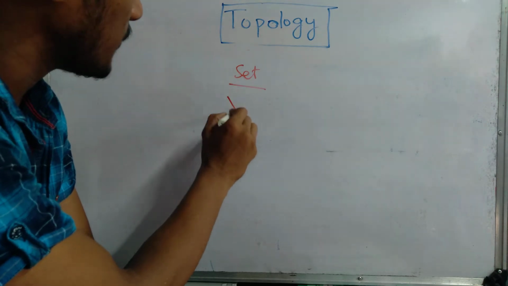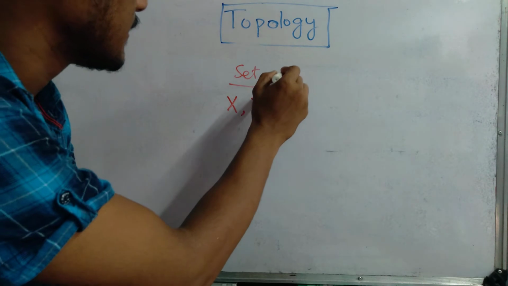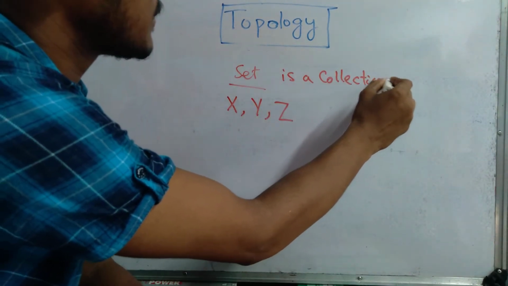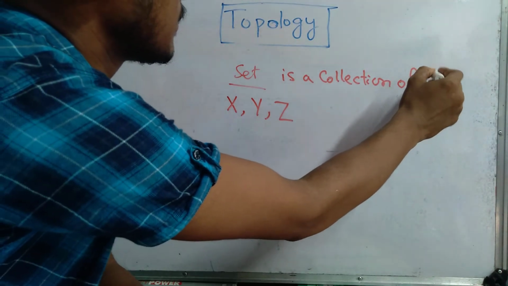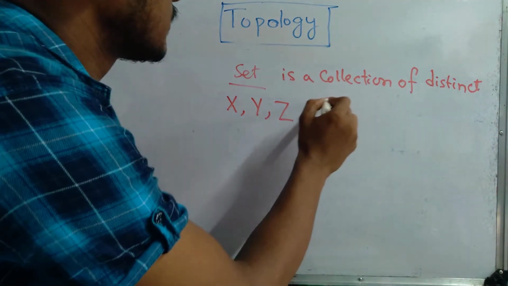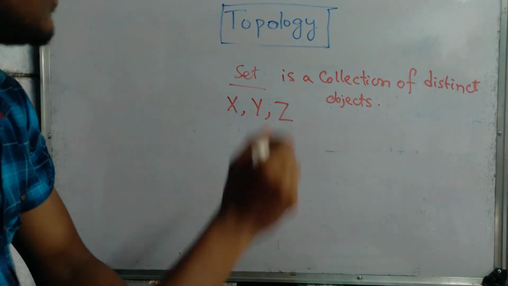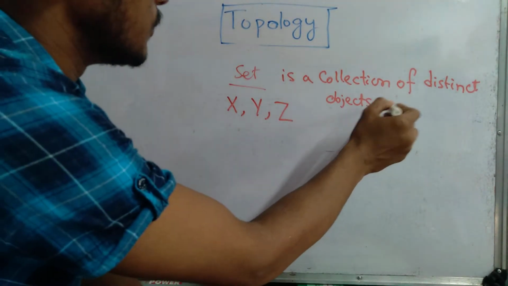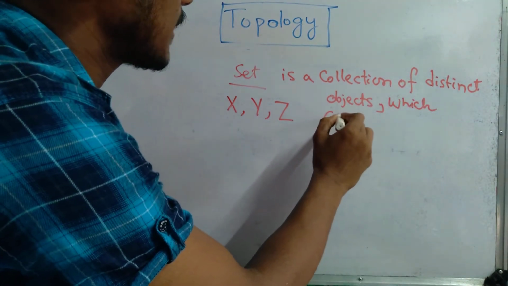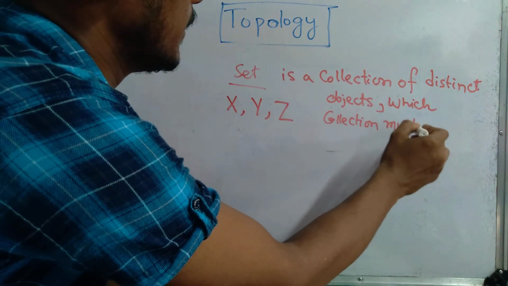Sets are denoted by capital letters X, Y, Z, and a set is a collection of distinct objects, which collection must be well defined.